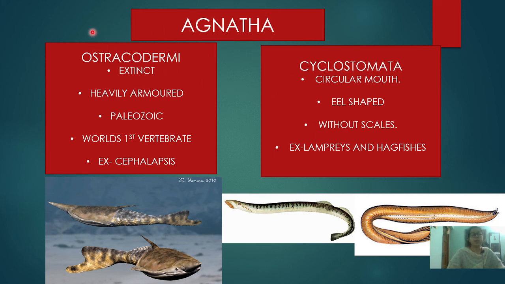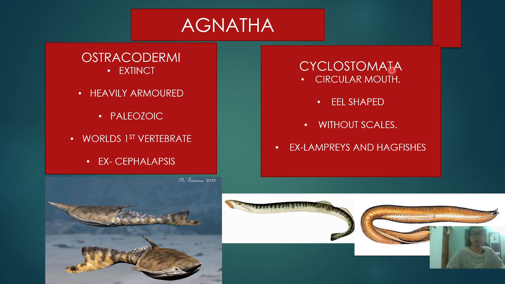These ostracoderms are already extinct, and they had heavy armor, meaning their body was heavy, with a heavy exoskeleton in their outer shell, and they were mainly seen during the Paleozoic era. One more interesting feature is that they are known as the world's first vertebrates. This is important to note down. An example is Cephalaspis. These are the ostracodermi, which are no longer found.